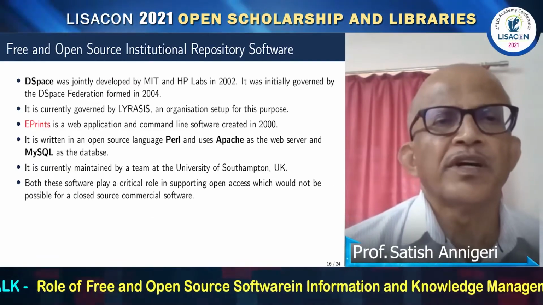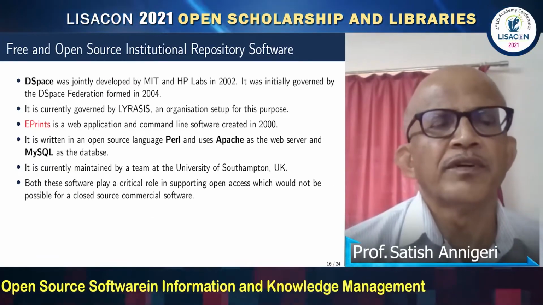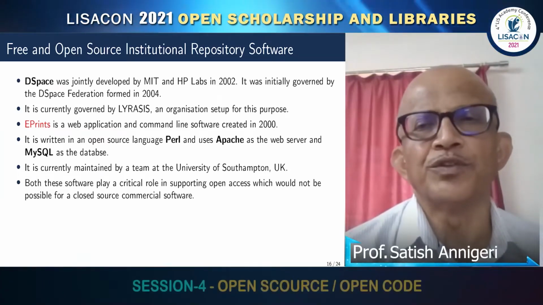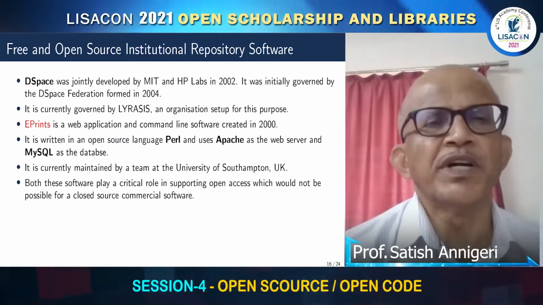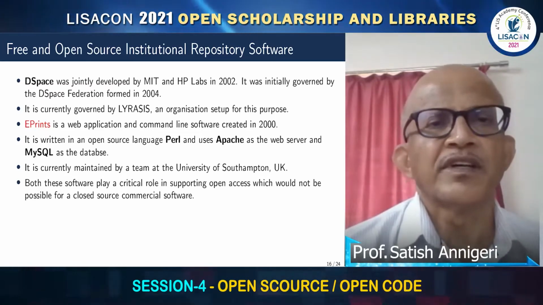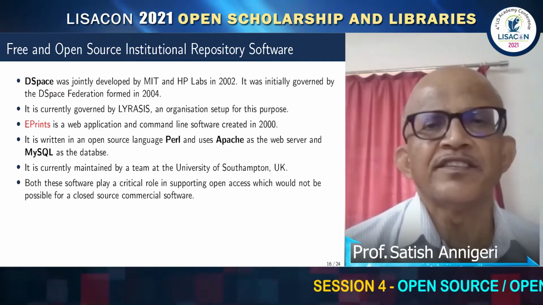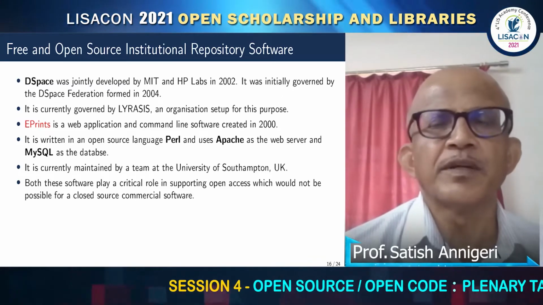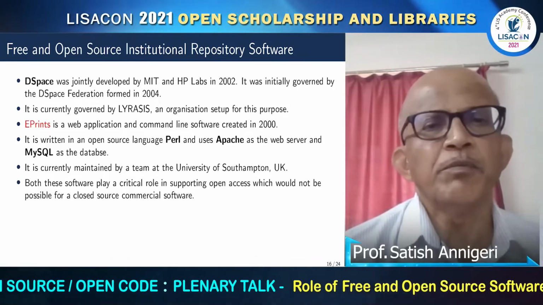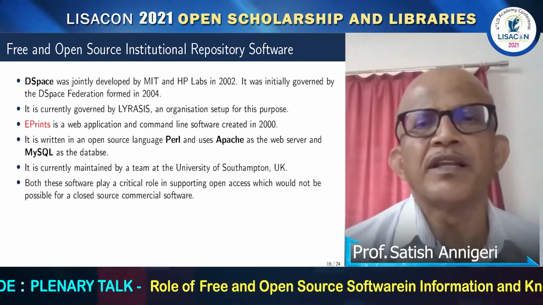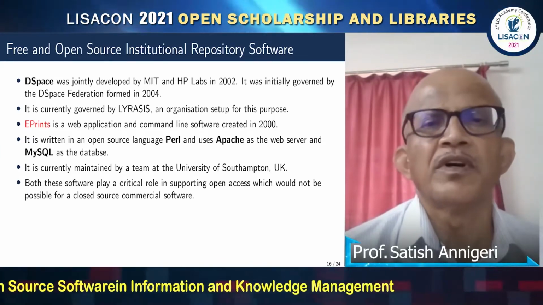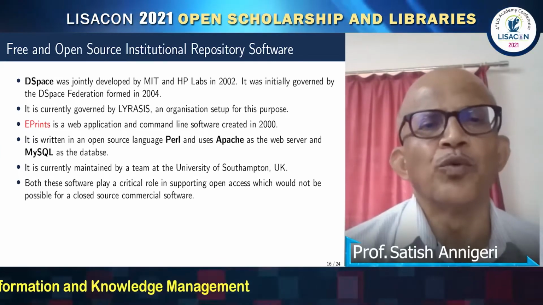Taking a short look at these two software, DSpace was jointly developed by MIT and HP Labs in 2002. It was initially governed by the DSpace Federation, formed in 2004. It is currently governed by LYRASIS, which is an organization set up specifically for the purpose. And EPrints is a web application and command line software which was created in 2000. You can see that both of them are more than 2 decades old.